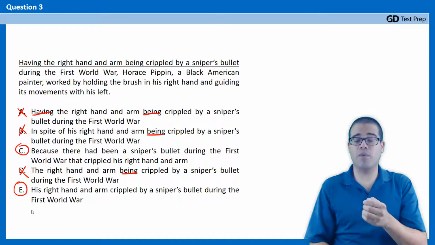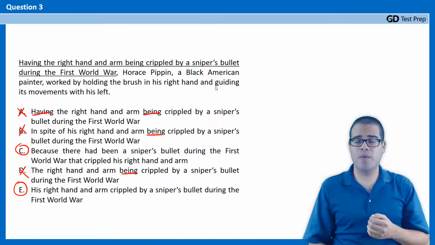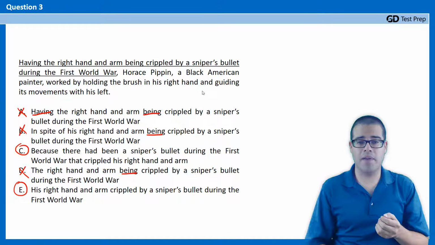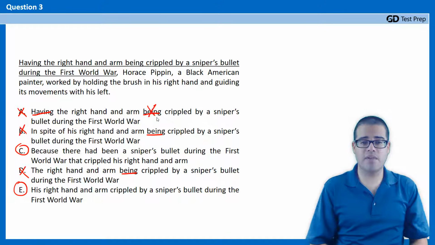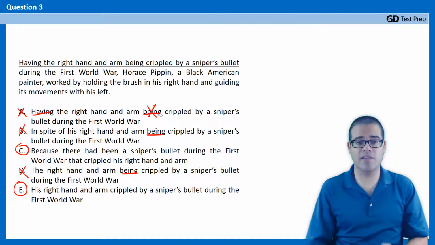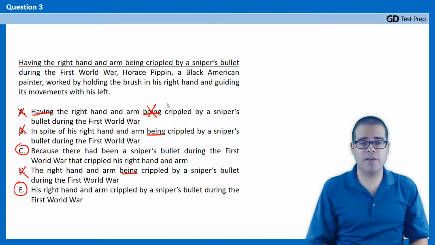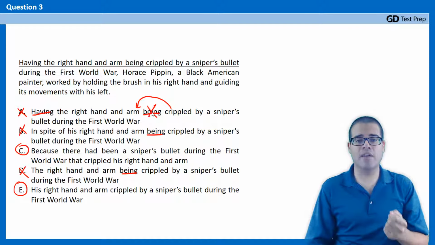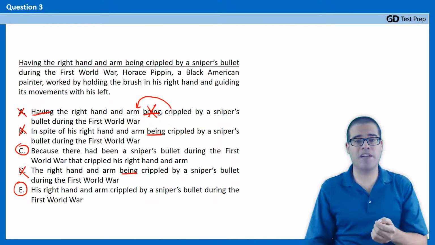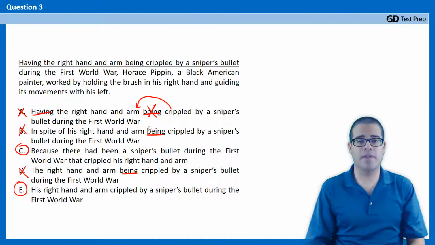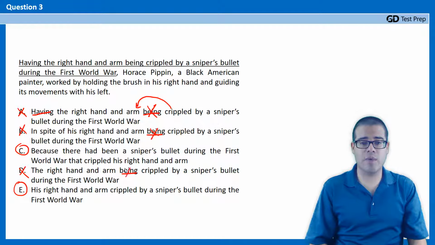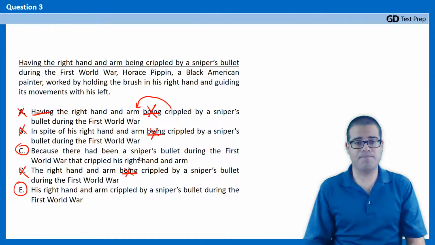So be careful with being. How do you know whether being is necessary? Well, if you remove it, nothing should happen with the meaning of the sentence. So you have hand and arm, and you can just use crippled to describe hand and arm. Crippled would be a past participle modifier describing hand and arm. So you know that being is not needed because if you remove it, nothing happens.